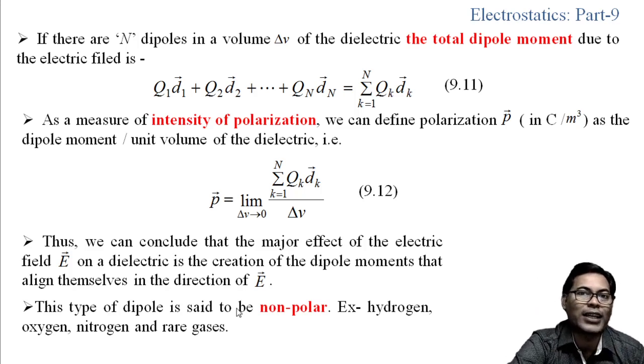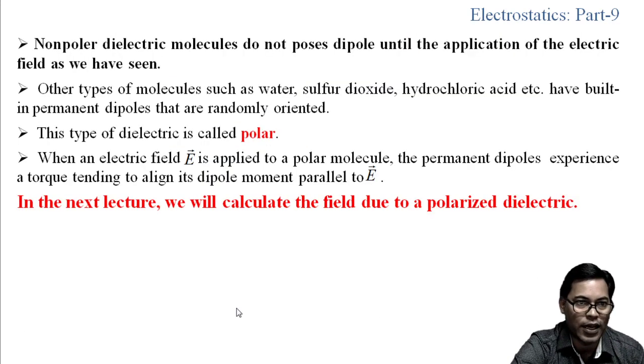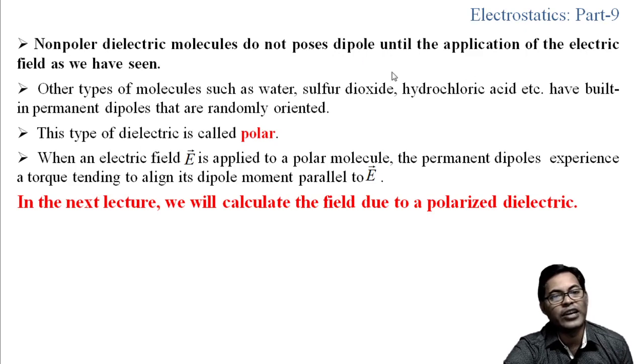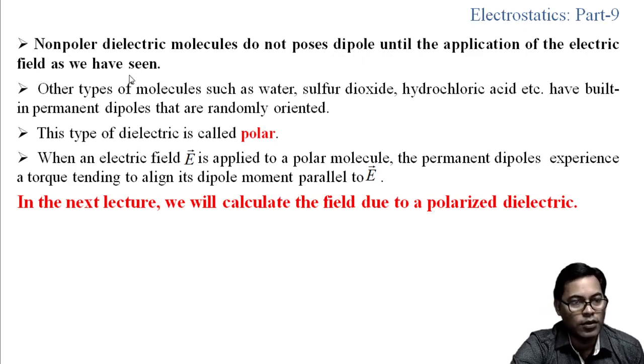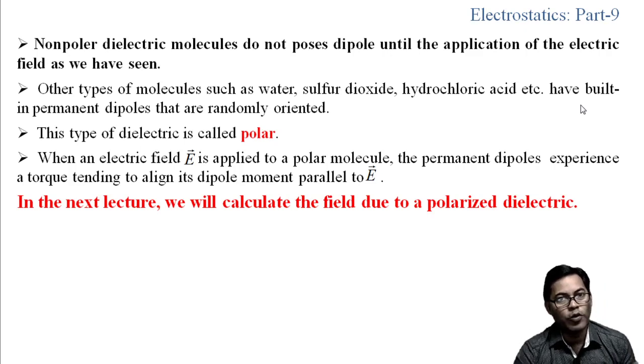So in the non-polar dielectric, when we apply the external electric field, the dipole is formed. But there is another type of material called the polar dielectric material that we will see here. Non-polar dielectric molecules do not possess dipoles until the application of the electric field, as we have seen. Now other types of molecules such as water, sulfur dioxide, hydrochloric acid, etc. have built-in permanent dipoles that are randomly oriented, and this type of dielectric is called polar dielectrics.